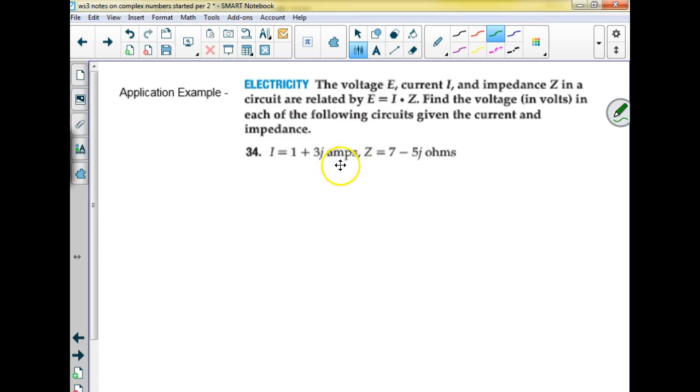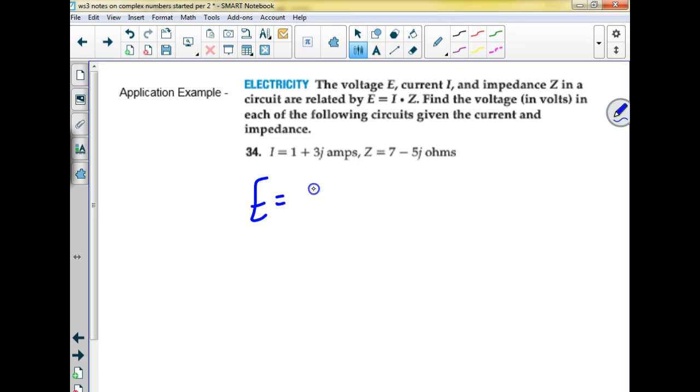They use the letter J instead of i, just because it's easier to not get confused with the look of it, I guess. But it says if you want the voltage, you take the current times the impedance. So for this question, all they want you to do is to find, well, I guess they call it E. I'm already messing you up.